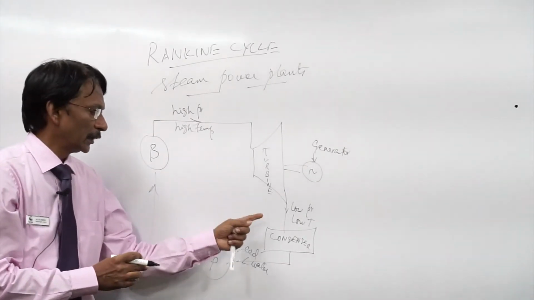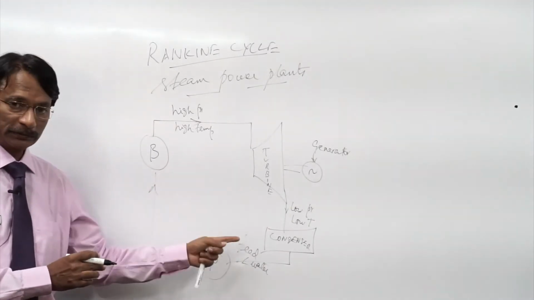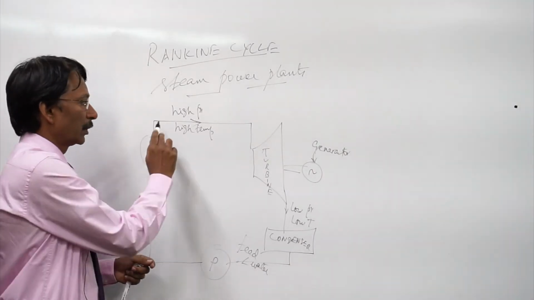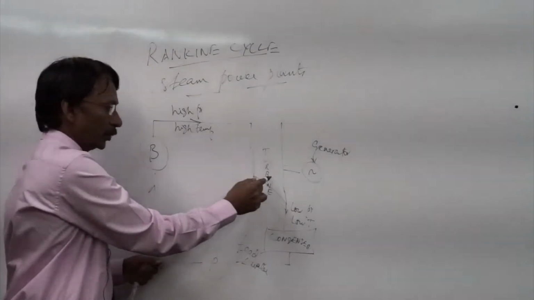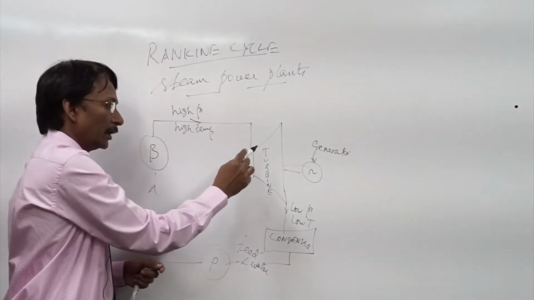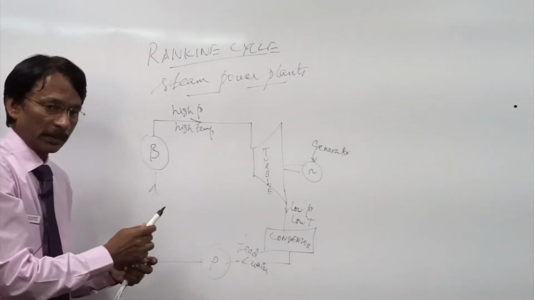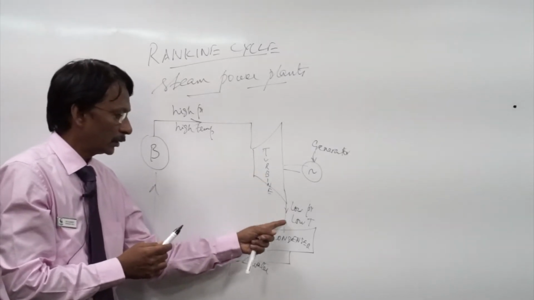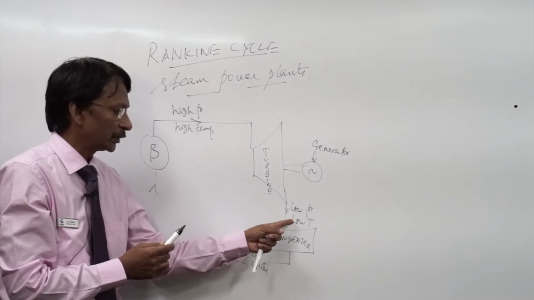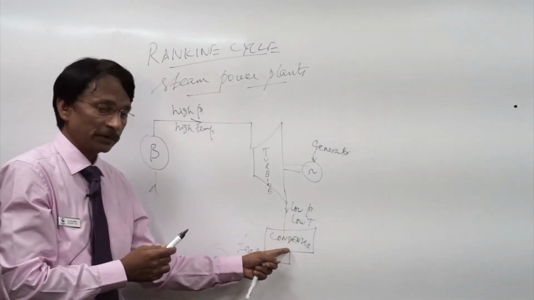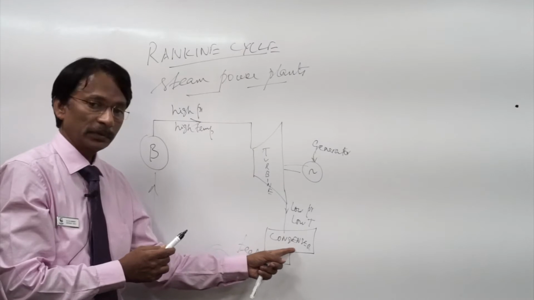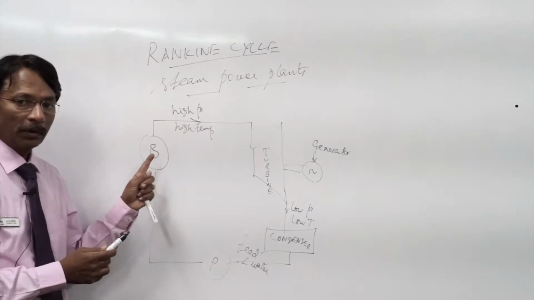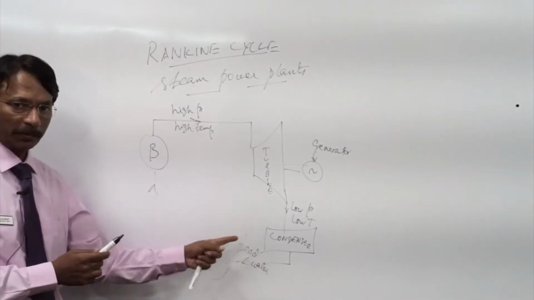Now, these are the essential components in a steam power plant. Boiler generates steam, high pressure, high temperature steam goes into the turbine, where the heat energy from steam does work on the turbine, and then low pressure, low temperature steam is converted in the condenser into feed water, and the feed water is pumped back to the boiler for the next cycle of operation.